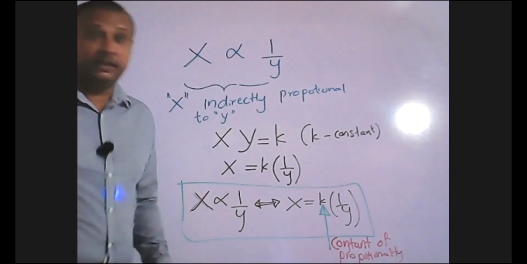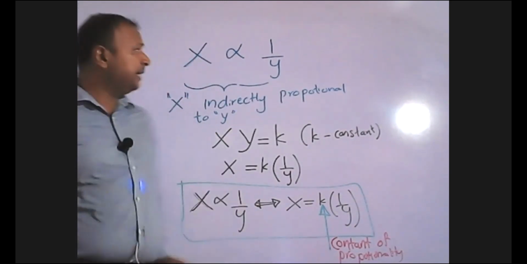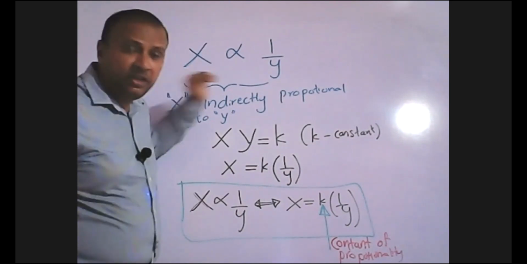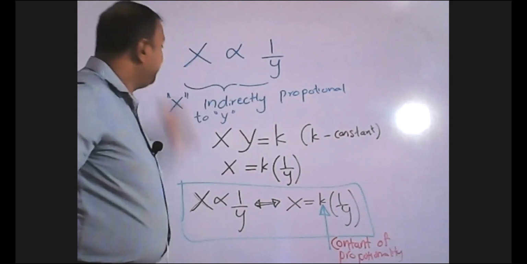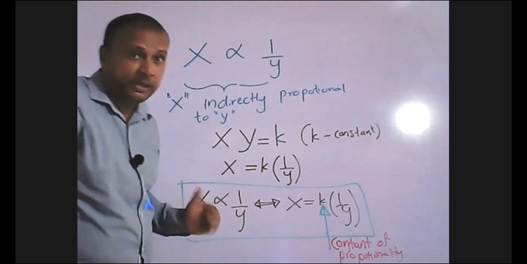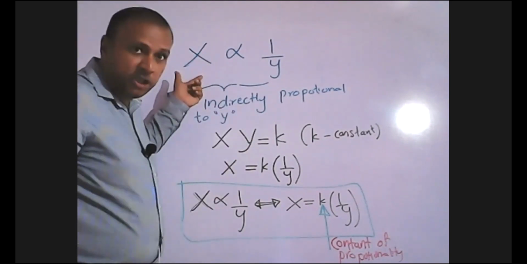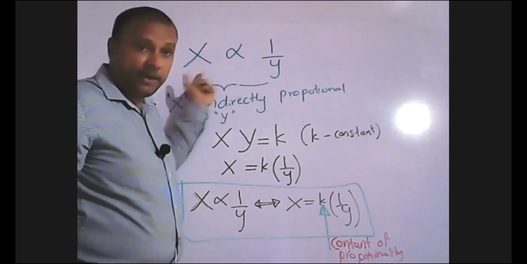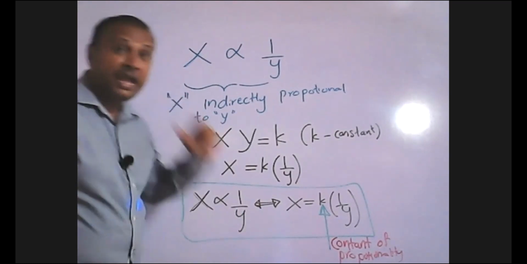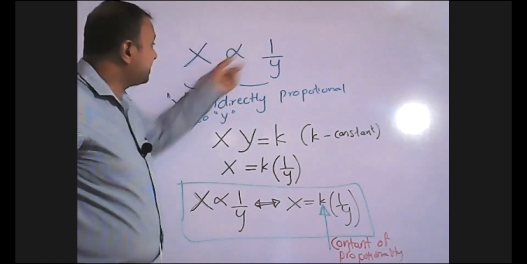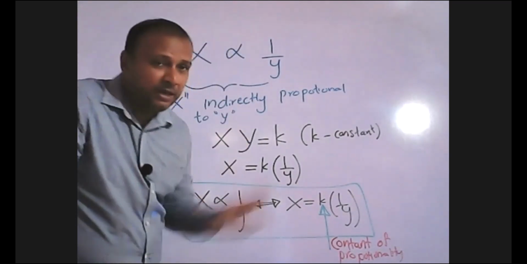Okay, look at this again. If I have this kind of relationship, that means indirect proportionality. I can write that relationship in a symbolic way, like this. If there is this kind of symbol, I cannot deal with that one.